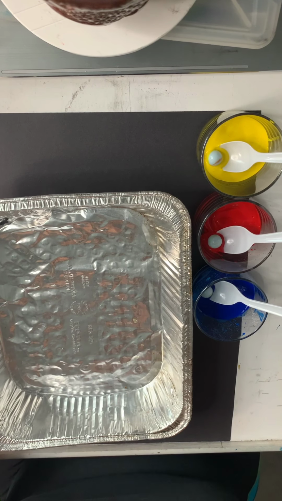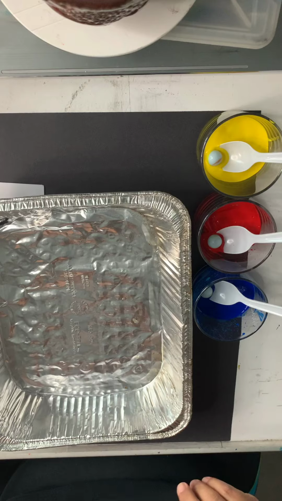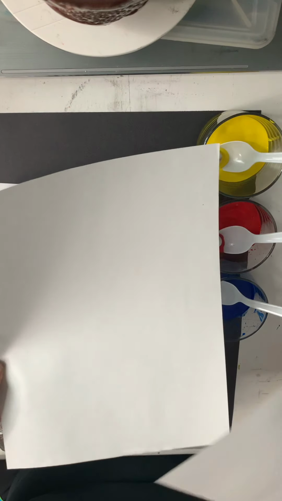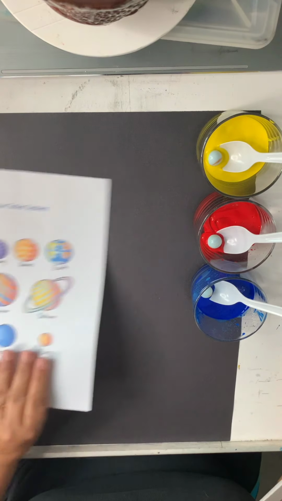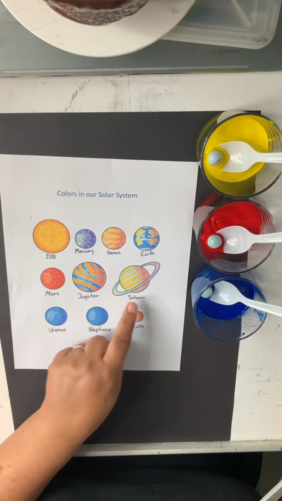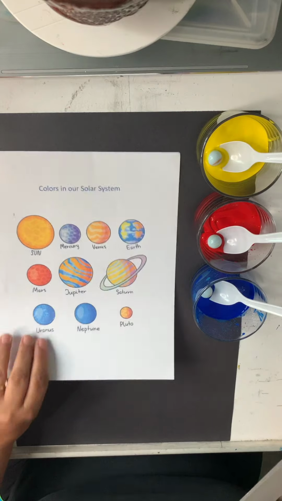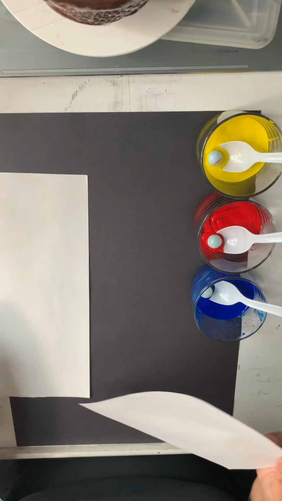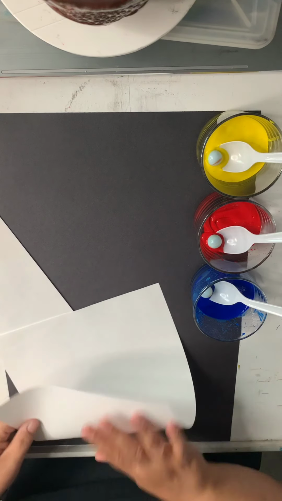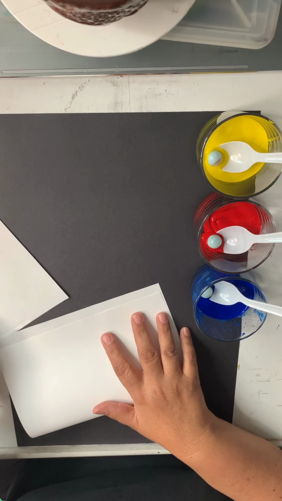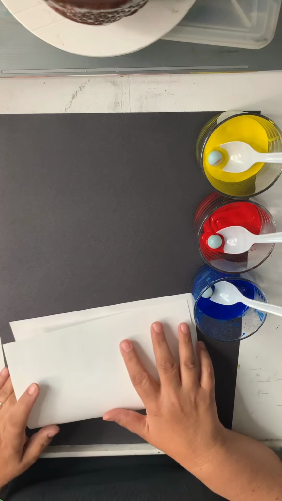Now, I'm sending you 2 pieces of construction paper. 1, 2. Some of the planets are larger than others. Sun, Jupiter, and Saturn being the largest. So you may need a large piece of paper. So one of your white sheets of paper, I want you to fold in half. Remember, let the corners meet, corner to corner.